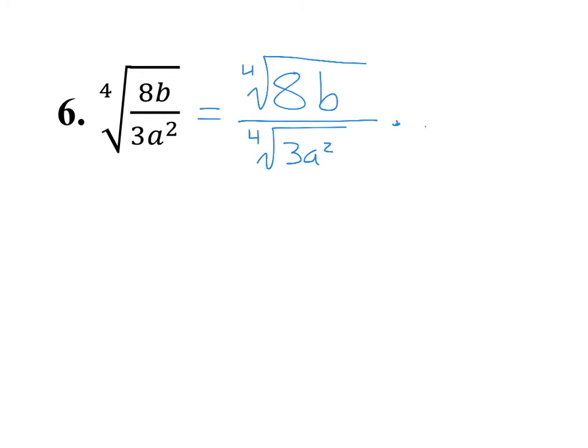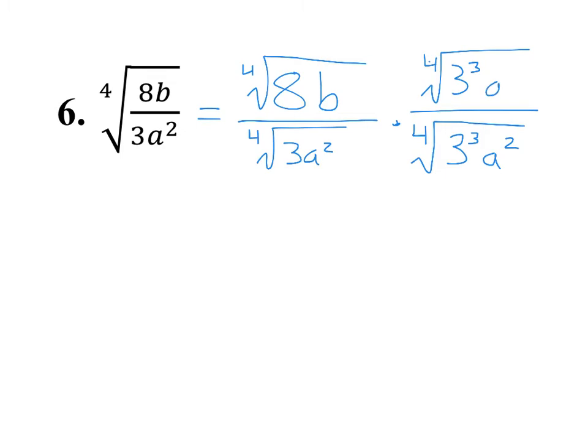So remember, you don't just multiply by the radical on the bottom. That's only if it's a regular square root. We want 4 of a kind, so we need 3 more 3's, and we need 2 more a's. So we do the same thing to the top. 3 to the 3rd a squared.